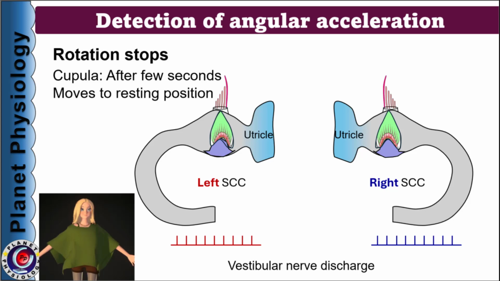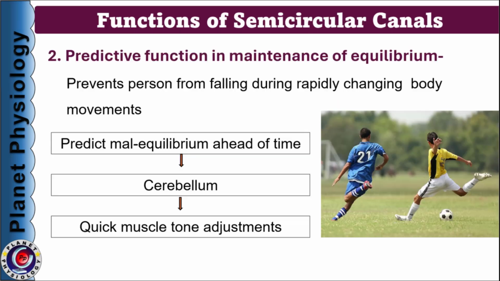Now let's move to the second function of semicircular canal, its predictive role in maintaining equilibrium. During rapidly changing body movements, semicircular canals work like early warning sensors. They predict that the loss of balance, that is mal-equilibrium, is about to happen even before actually you start to wobble.